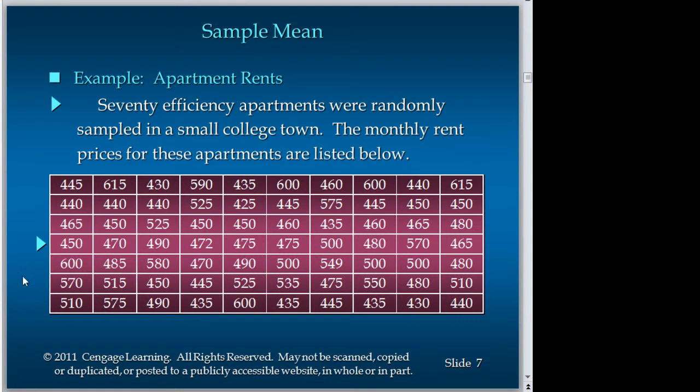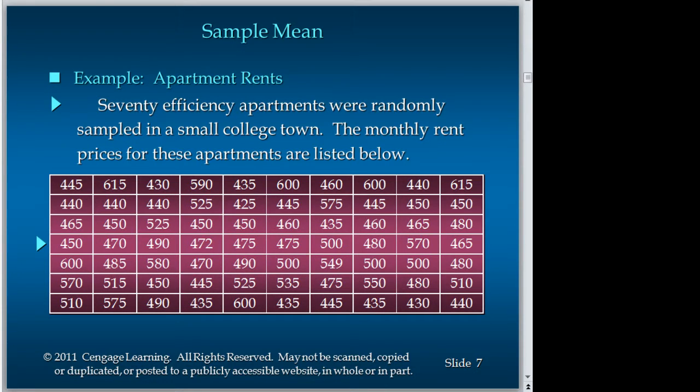Well, if this is sample data, how do I know it's sample data? Well, in many cases the questions will specifically say that this is sample data, and even here it says they were randomly sampled in a small college town. So you know that it's sample data.